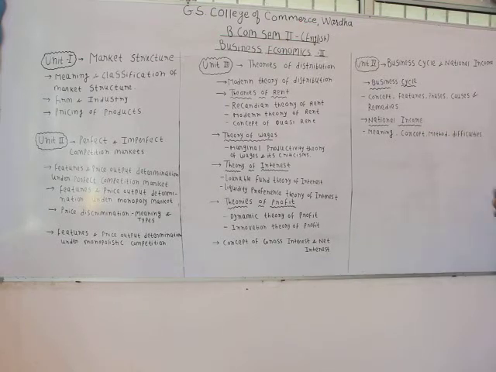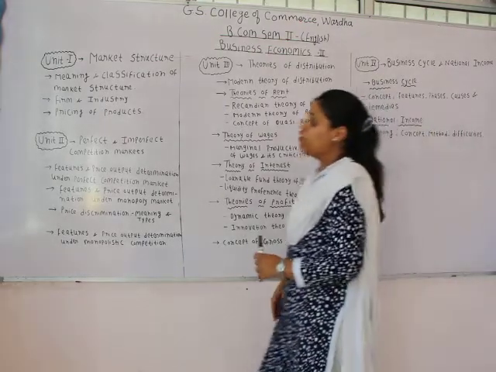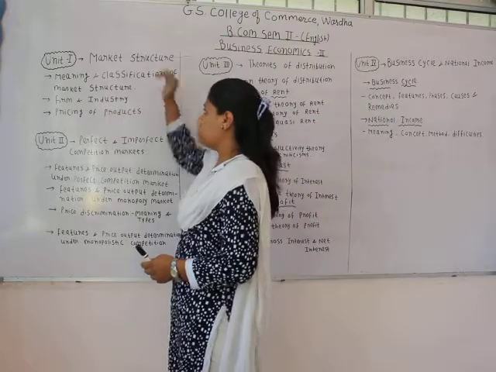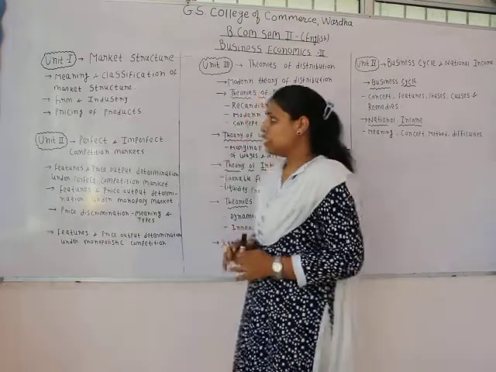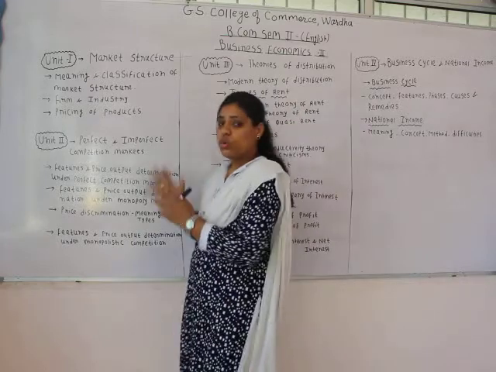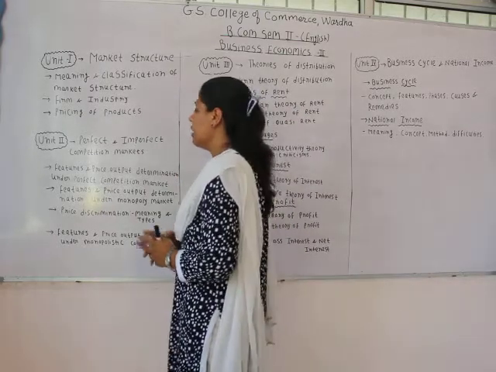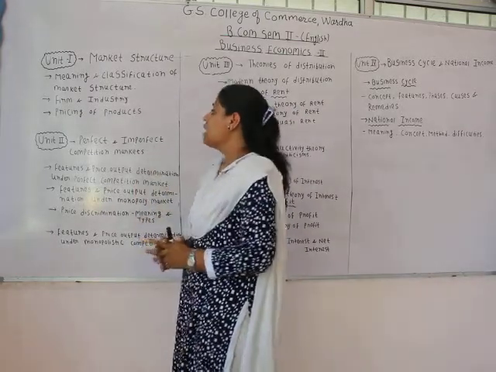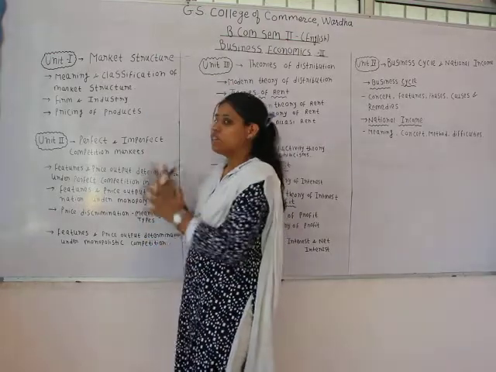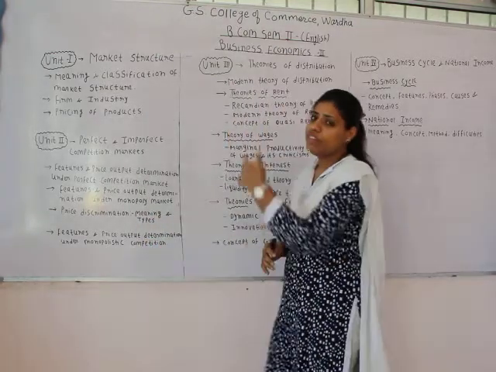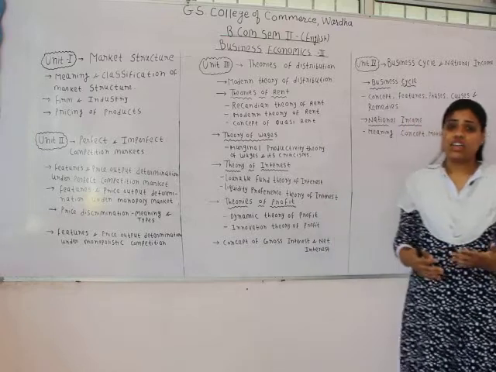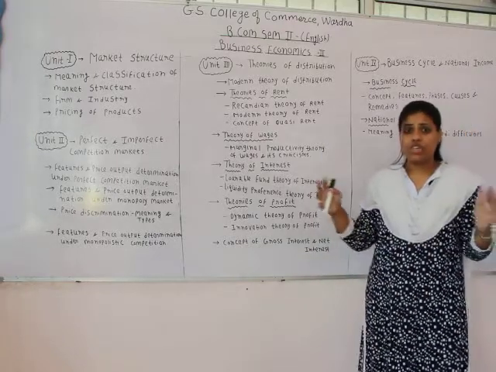So let's begin afresh. See, first unit is market structure. It consists of 3 chapters that we are going to see here. First one is meaning and classification of market structure. So here we will see the different types of market structure on the basis of various foundations.